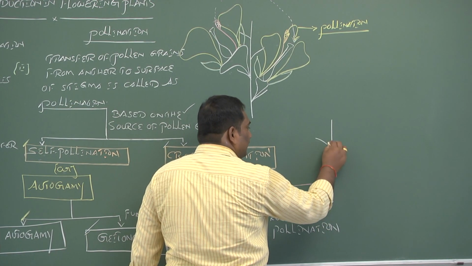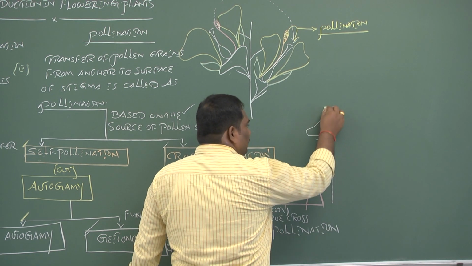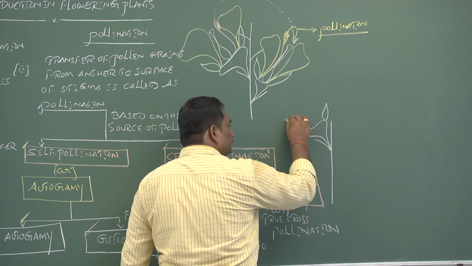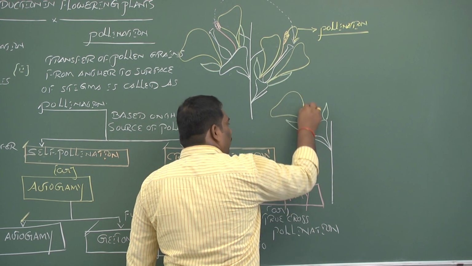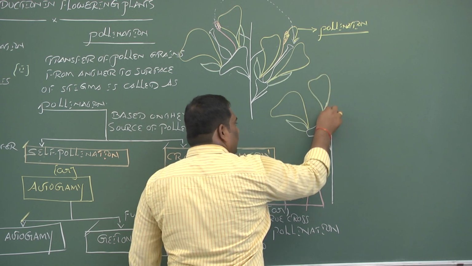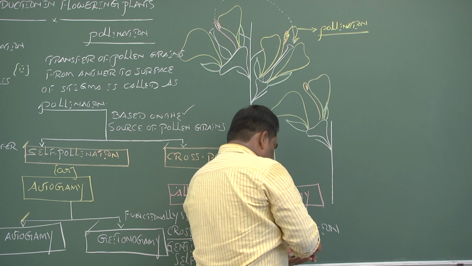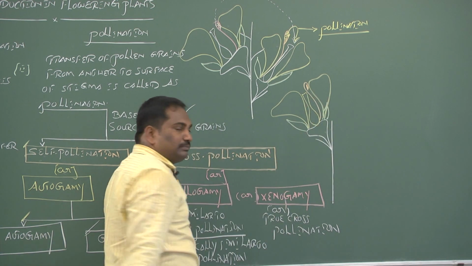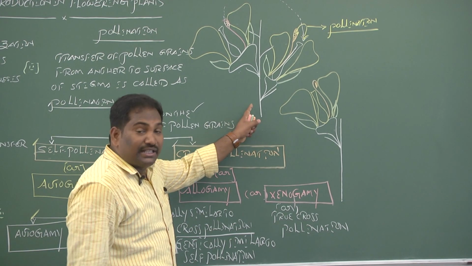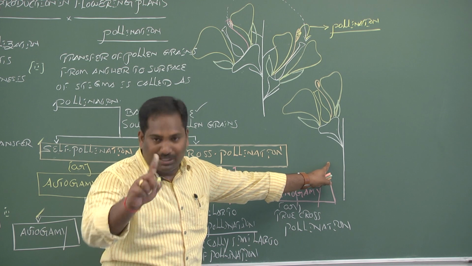This is one flower. In a bisexual flower, the outermost whorl is calyx, the second whorl is corolla, the third whorl is androecium, and the innermost whorl is gynoecium. So this is one genetically different parent or plant, and this is another genetically different parent or plant.